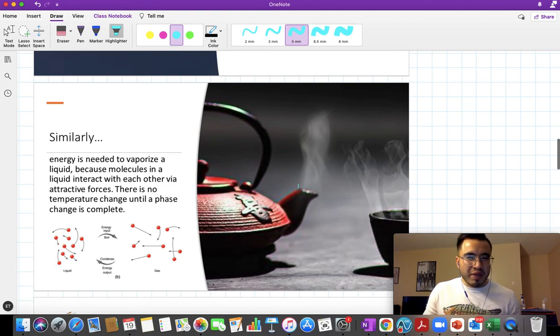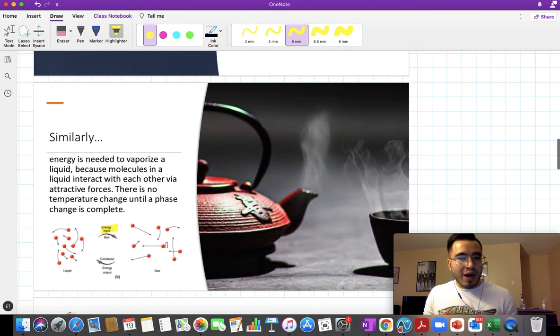So very similar to the solid, even though the molecules are not as tight as in a solid. But when you add more energy, you have that energy input. Now the particles, as you increase the kinetic energy, need more room, they're moving faster. So that's how you get water vapor.